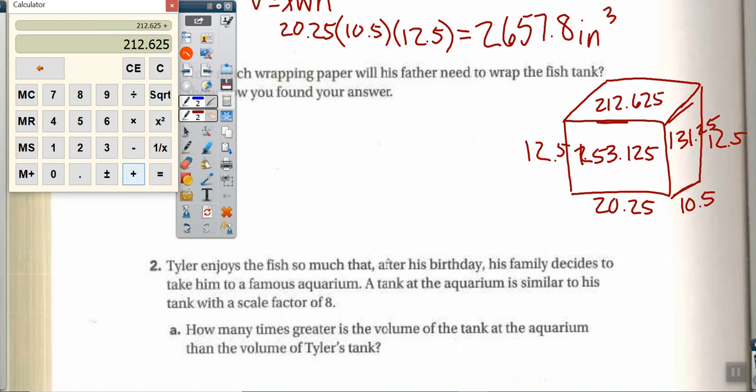So I've got that 212.625, 253.125 plus 131.25 equals 597, but I have to multiply that by 2 to find all 6 sides. And so my total surface area is 1,194 inches squared.